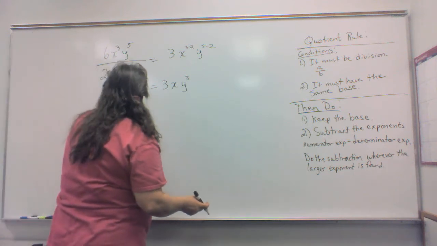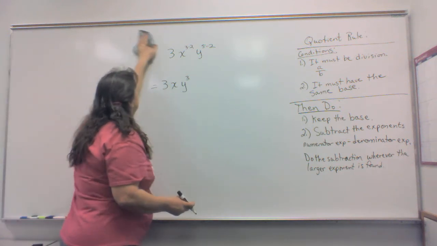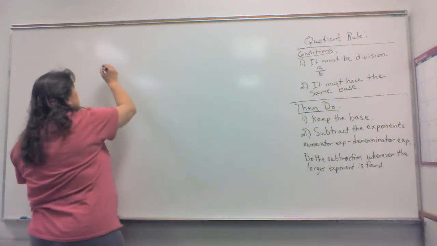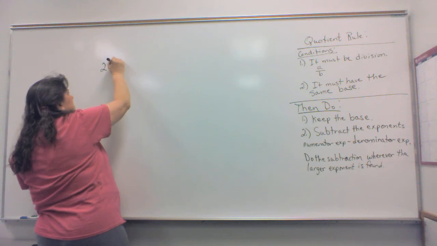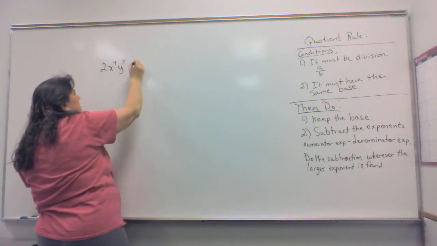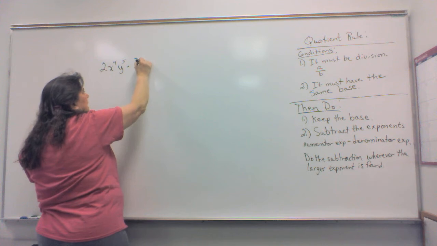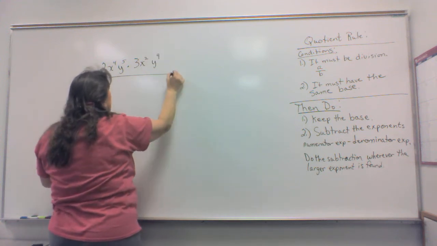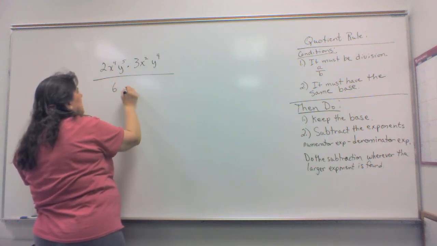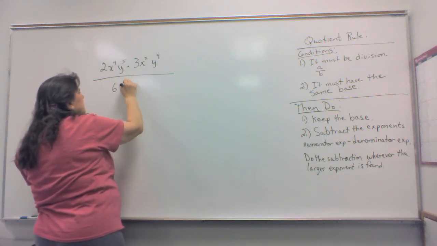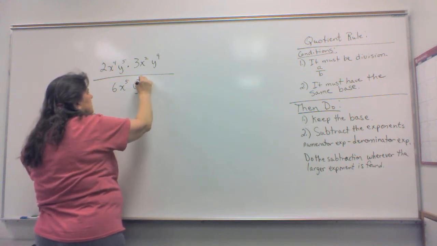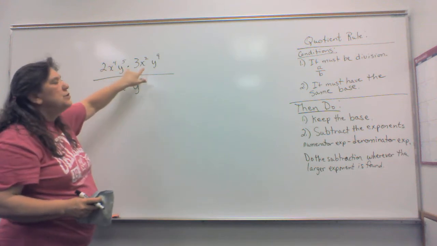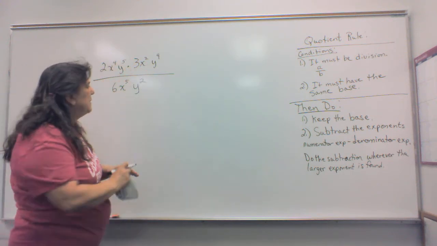Now let's make one problem a little more complex. Let's do a combination of the two rules: 2x to the fourth, y to the fifth, times 3x to the second, y to the ninth, divided by 6x to the fifth, y to the second. First, let's do the numerator where we have the multiplication.